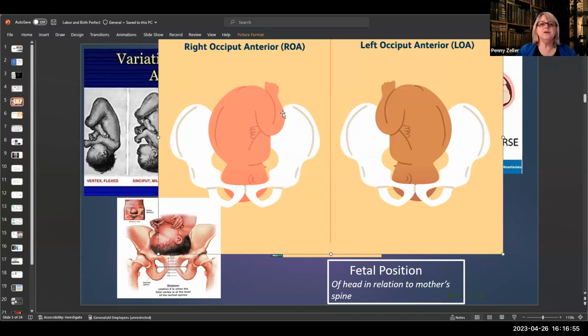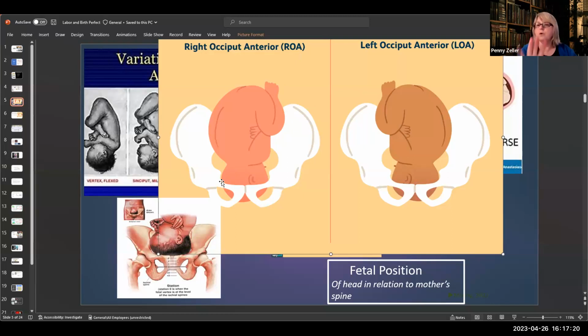On the left here, the right occiput anterior, or ROA, means that the occiput of the baby's head, which is the back of the head, is facing anteriorly, on the right side of the mother.